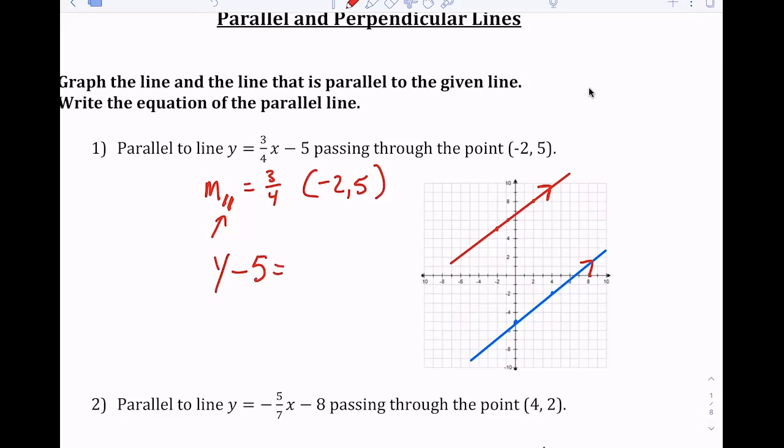Equals 3/4 times x plus 2. How's it feel? Good. That's what I keep telling you. That's why I'm always yelling at you. You got this. That is simple. For those of you who don't know where that came from, that means you didn't write y minus y1 equals m times x minus x1 enough yesterday. That's the answer, guys. That's all there is.